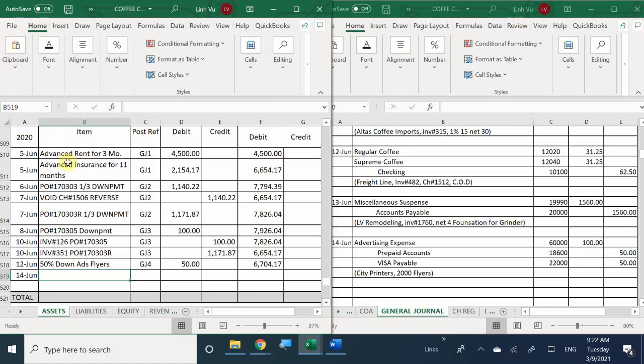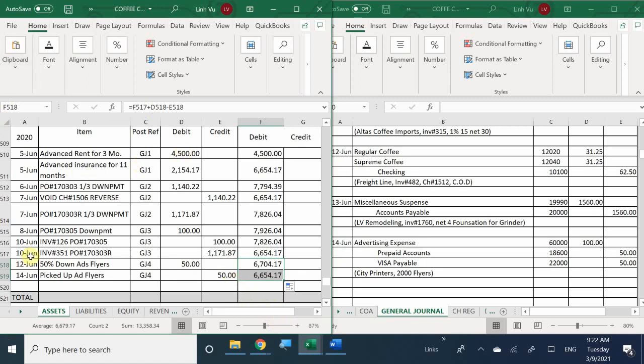I don't know what to place here, but you could say you picked up advertising flyers. General journal number 4. And this time it's a credit of 50. So therefore you should be now back down to the 6654.17.